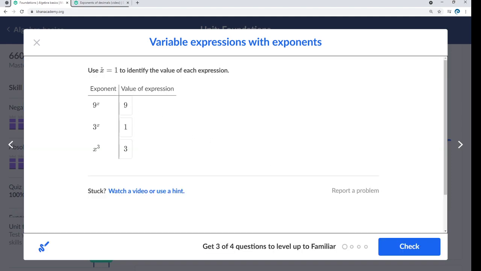Use x equals 1 to identify the value of each expression. Okay, so that's 9 to the first power, which is 9, right? No, it's not.